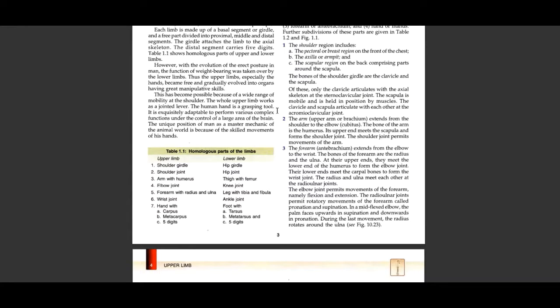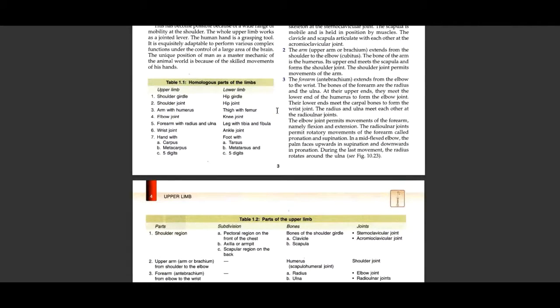The whole upper limb works as a jointed lever. The human hand is a grasping tool. It is exquisitely adaptable to perform various complex functions under the control of a large area of the brain. The unique position of man as a master mechanic of the animal world is because of the skilled movement of his hands.